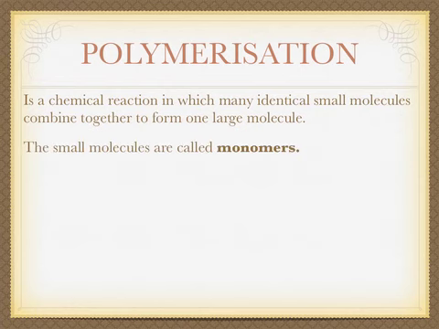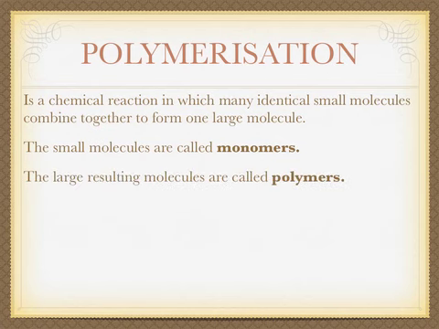So the small molecules in a polymer are called monomers, and the large resulting molecules are called polymers. If you're strong in English, you'll see that it's all in the word. Poly means many, mono means one. So a polymer is really many monomer units.